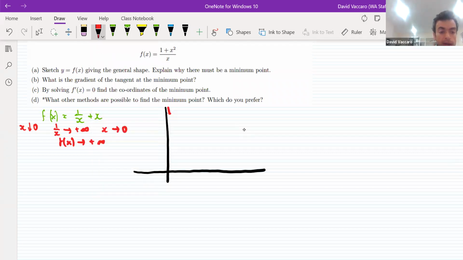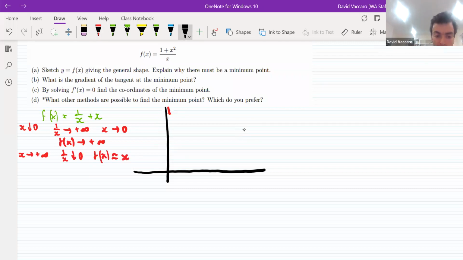What happens when x becomes very large? Well, 1 over x goes to 0 from above, and we can say that f of x just becomes approximately equal to x.